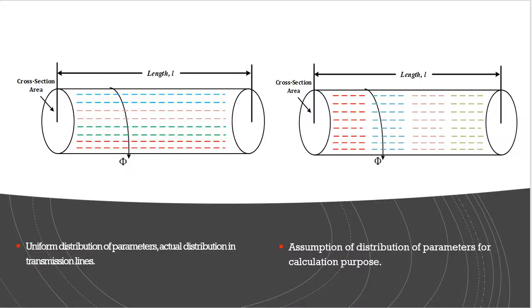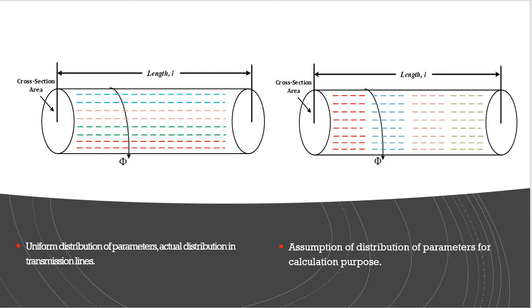In these two diagrams, the diagram on the left hand side shows the uniform distribution of parameters, meaning the actual distribution in the transmission lines.